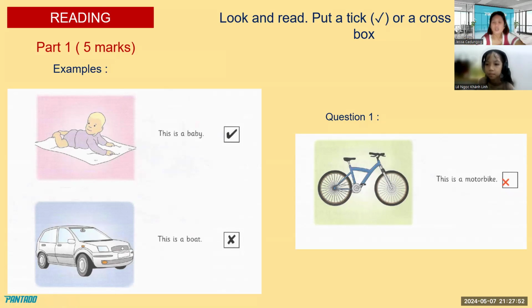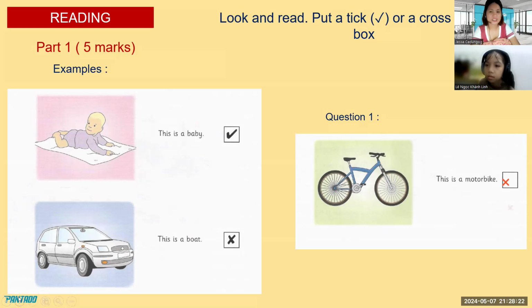Okay, what is sentence number 1, Lynn? Please read. This is a motor car. What's the answer? It's a cross. Okay.